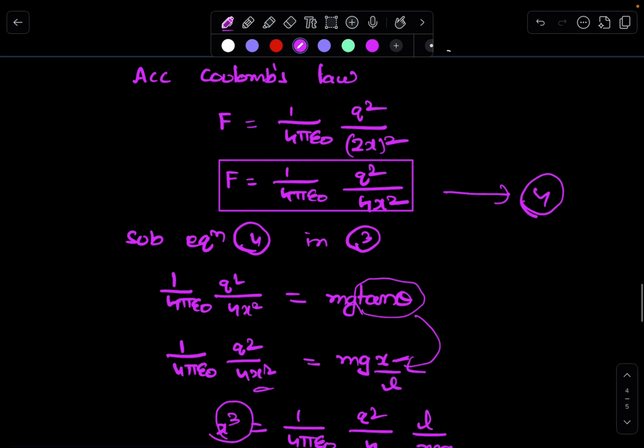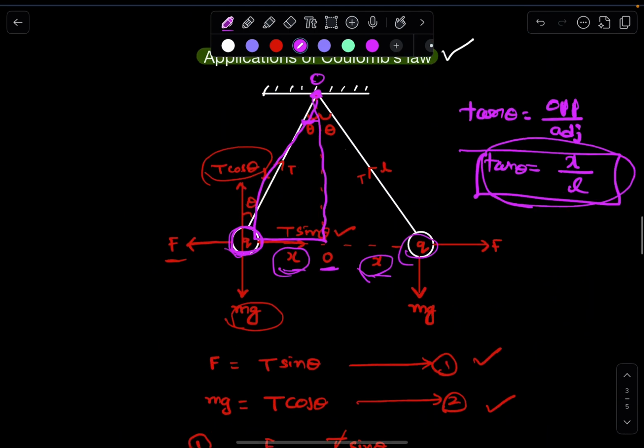Not only the distance of separation from the center, we can also calculate the discharge with respect to time. That means rate of discharge. That is also something we are going to find from this expression.